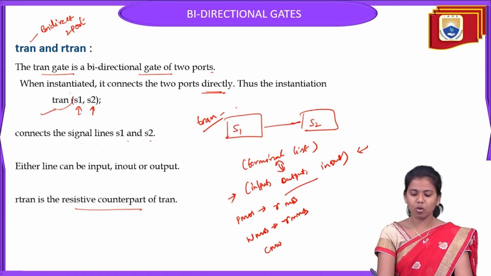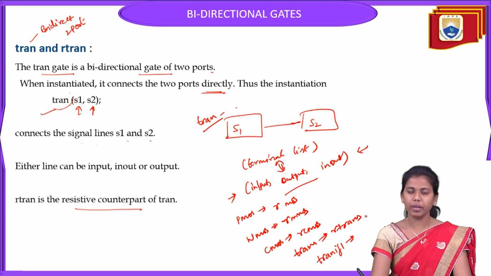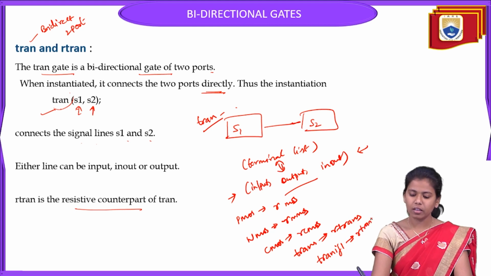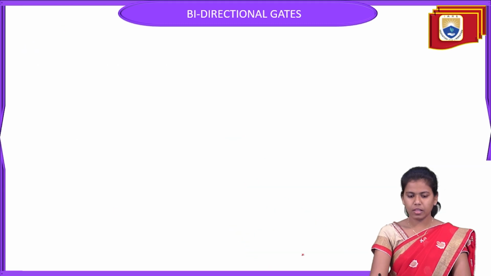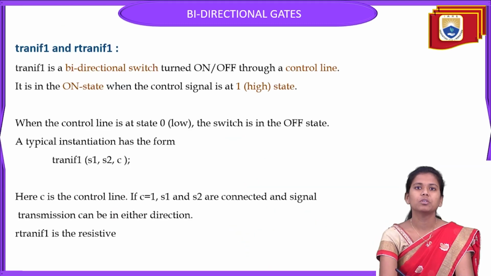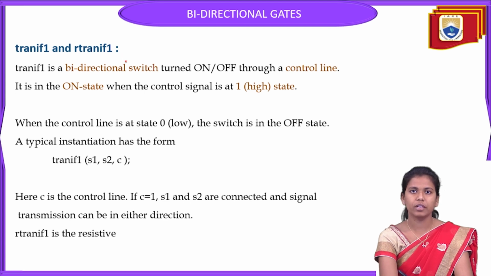For CMOS, it would be RCMOS. For the Tran gate, it would be RTran. And for Tranif1, the resistive bidirectional gate would be RTranif1, like this.